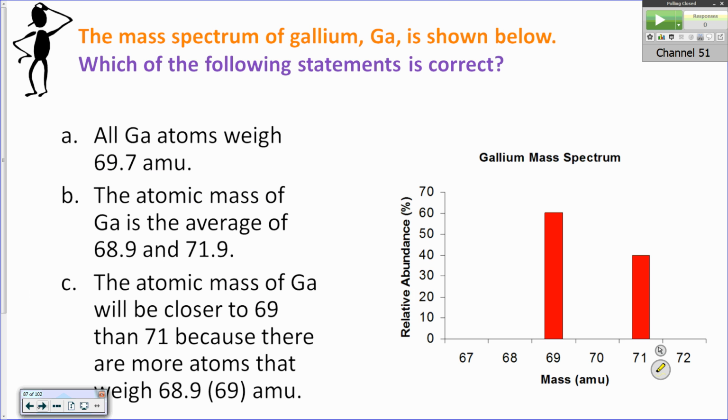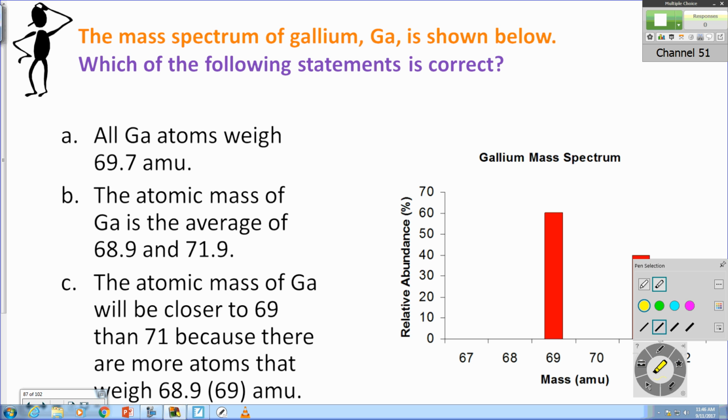So what is our process that we use? Well, first I'm going to give you a clicker question. Going back to what I showed you about mass spectra, I want you to look at the mass spectrum here for gallium in the periodic table.